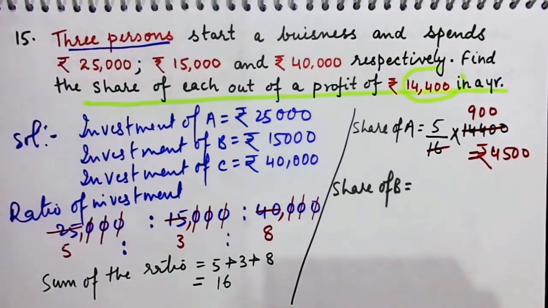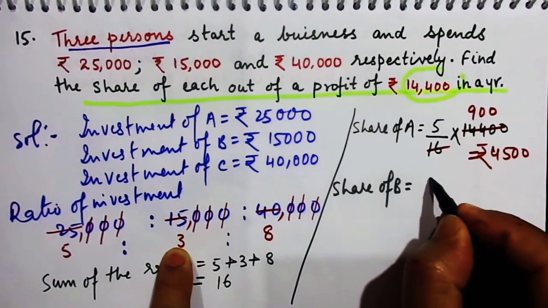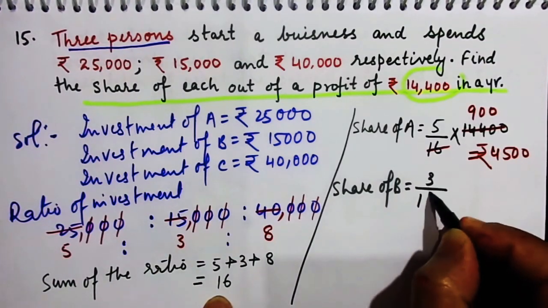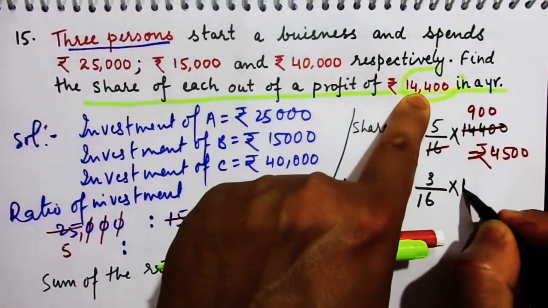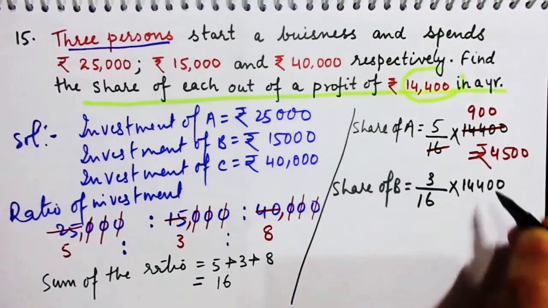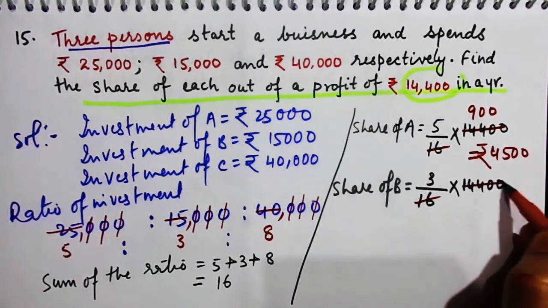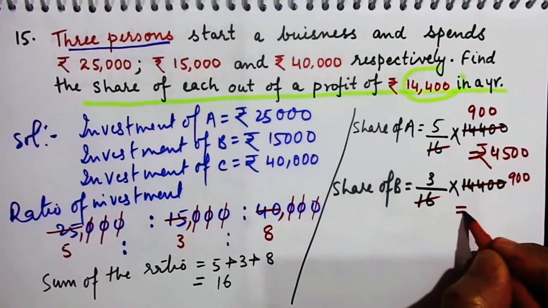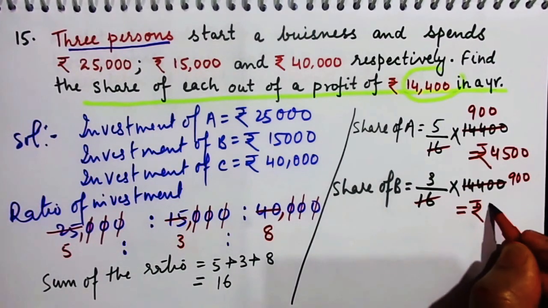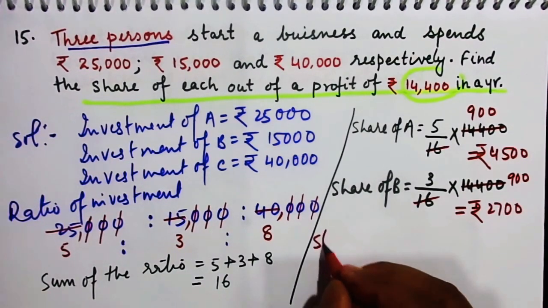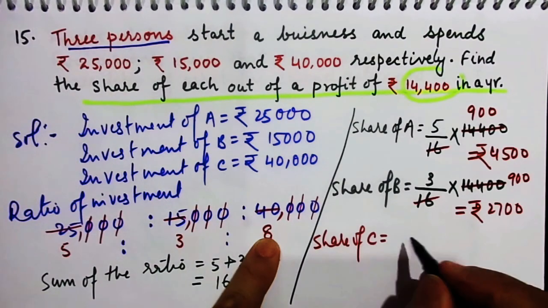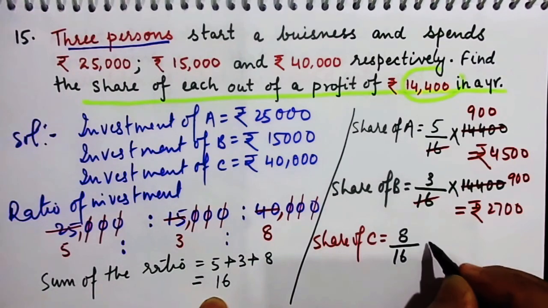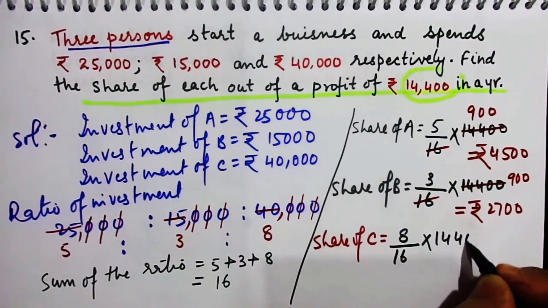Similarly, share of B will be equal to 3 by total, look at my finger also, 16 multiplied by the total value 14400. On cancellation, you are going to get a value rupees 2700, and similarly share of C will be equal to 8 by total multiplied by 14400.